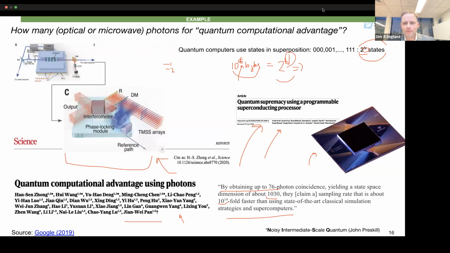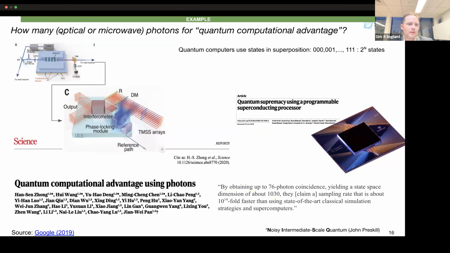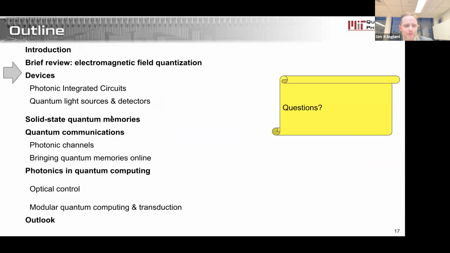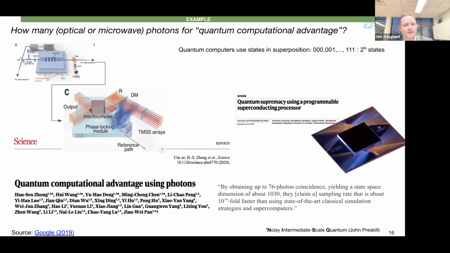All right, any questions up to here? Now, why we're interested in it for these programmable photonic systems is that if you look at this paper, all of the optics here are bulk optics.